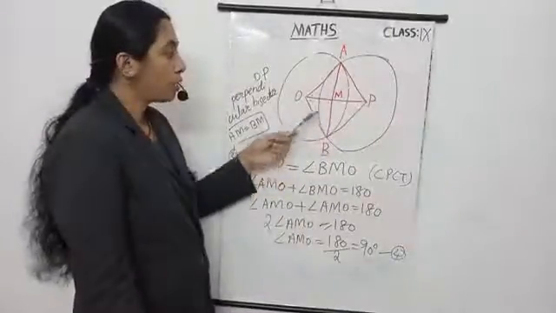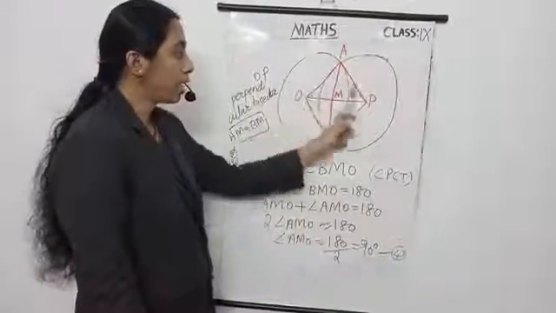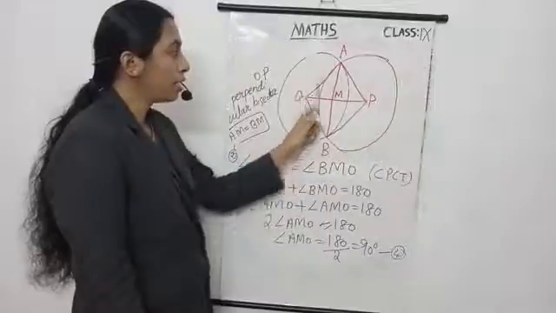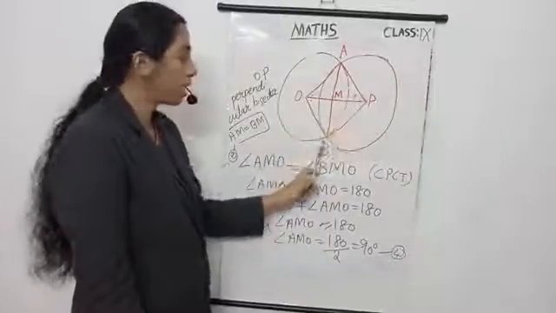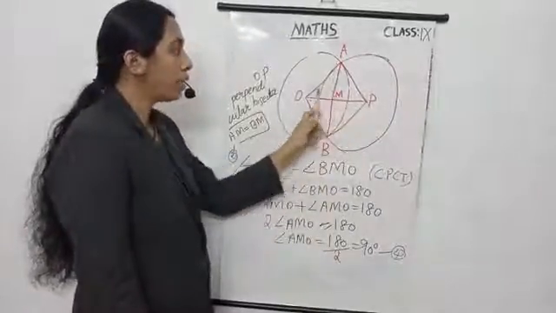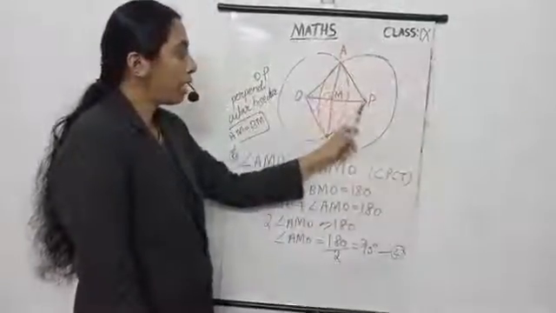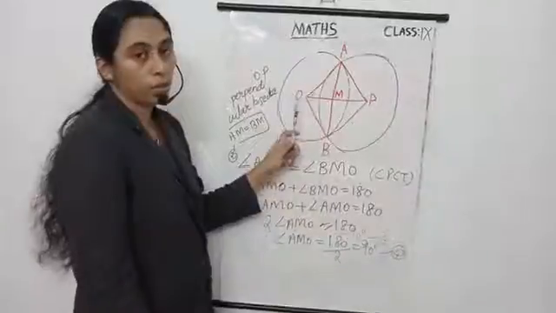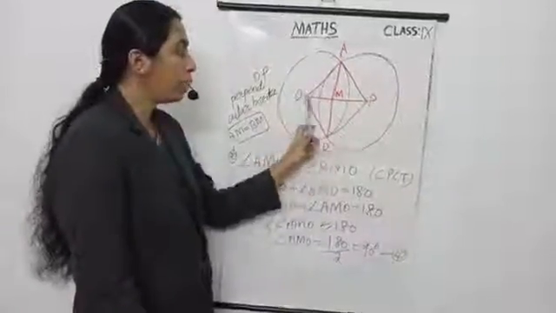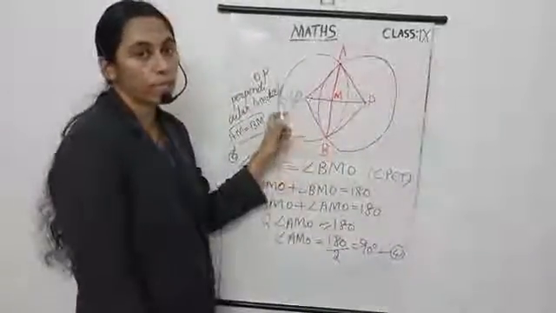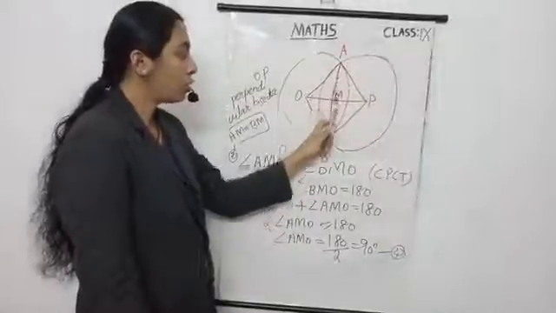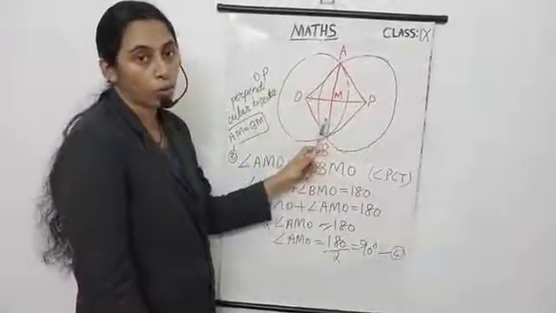I repeat, first we consider this triangle AOP and triangle BOP. Then OA equals OB, radii, and PA equals PB, that is also radii of a circle, and OP is common for both the triangles. So these two triangles are congruent.